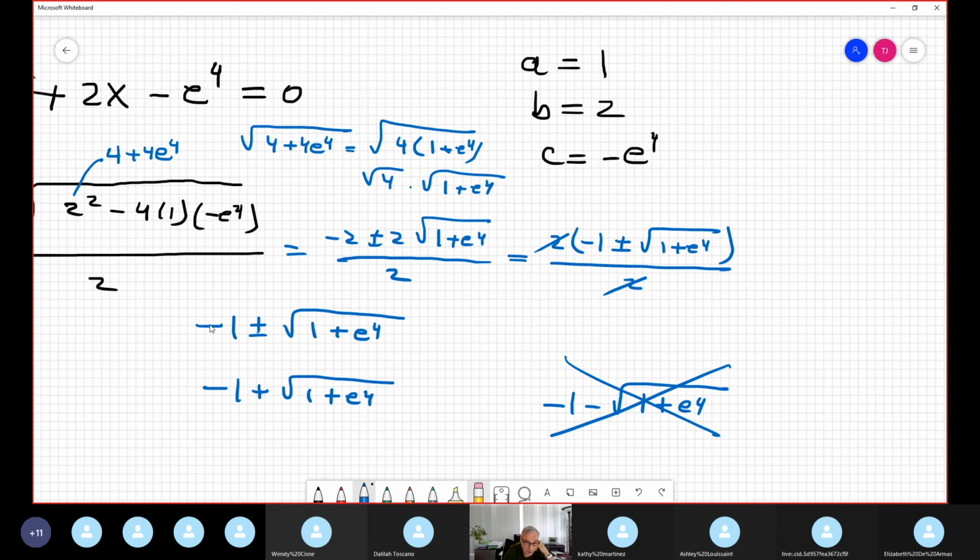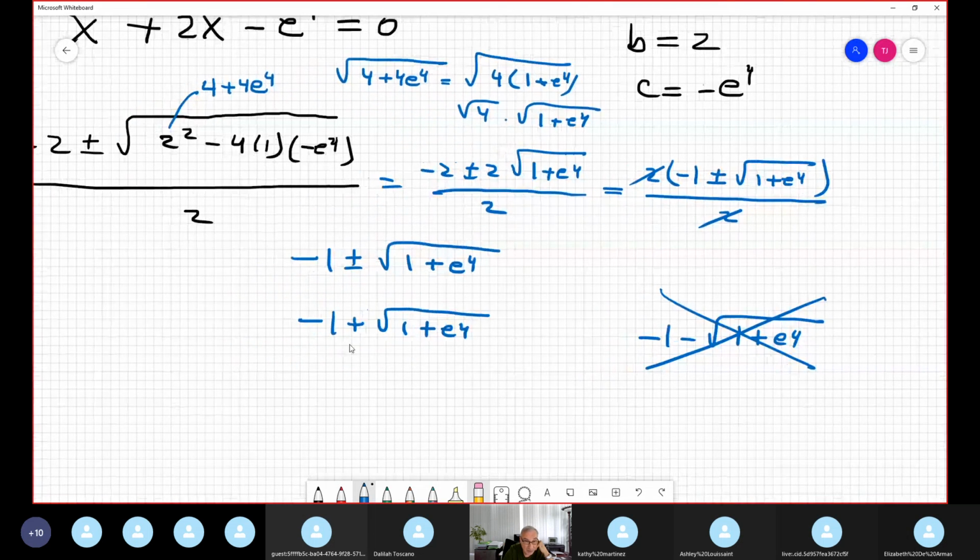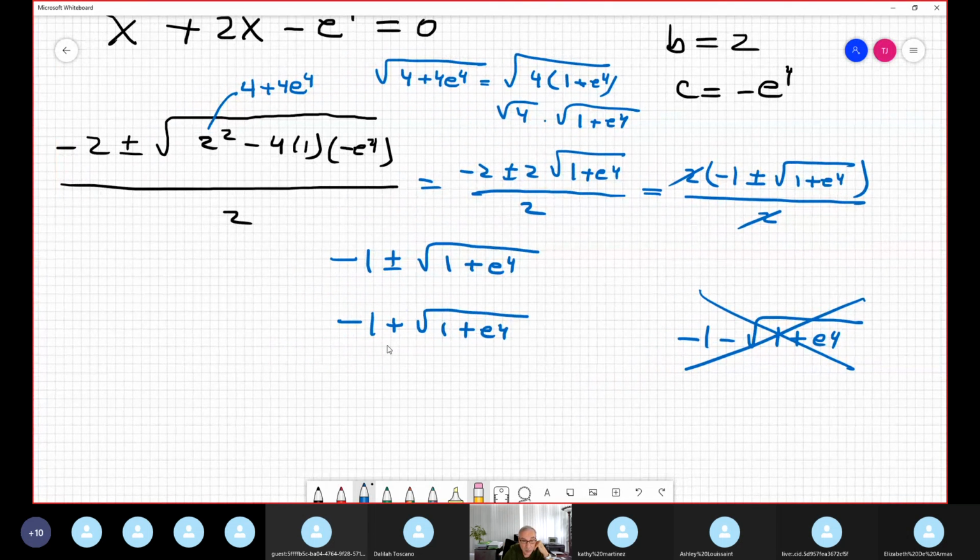Now, in order to compute this, okay, you leave it like that, or you put in a calculator to find the decimal approximation. The decimal approximation, I put in my calculator, is approximately 6.641.